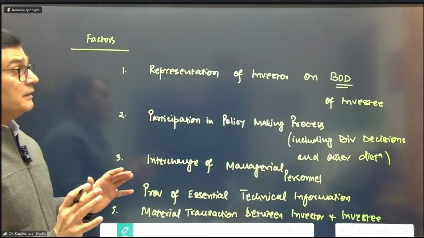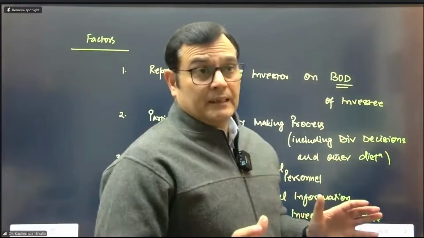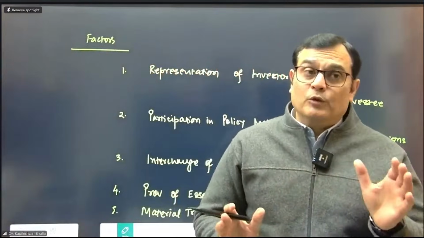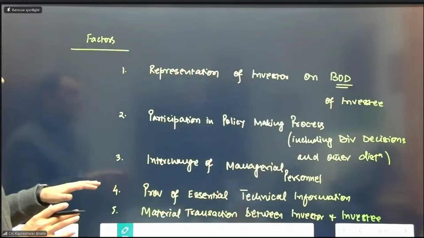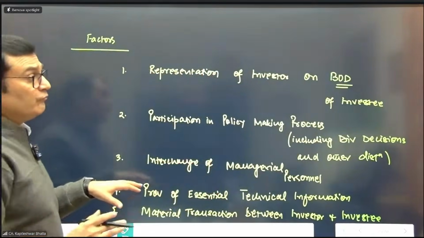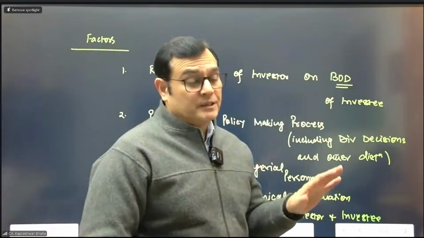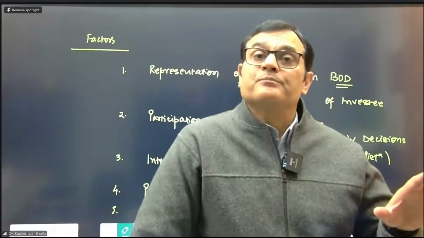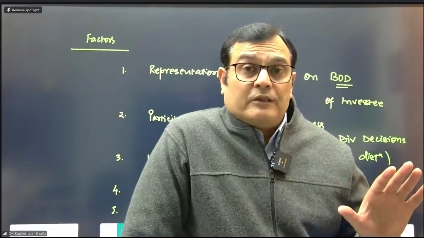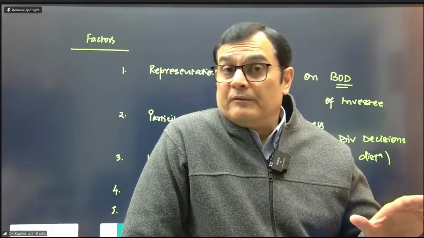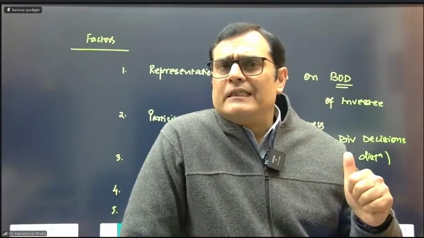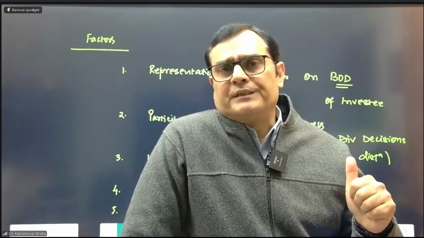So I hope you got the basic thought process clear. As a thumb rule, when you look at the percentage, 20% direct or indirect through a subsidiary, we say yes, there is a significant influence. If it is below 20, we say no, there is no significant influence, but you can get a significant influence even below 20. You may not get a significant influence even above 20. And for all this, these 5 factors will be evaluated.